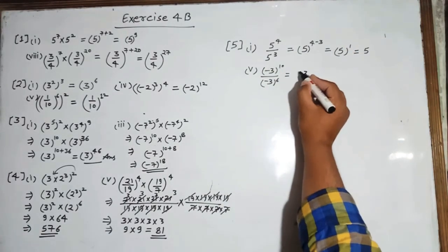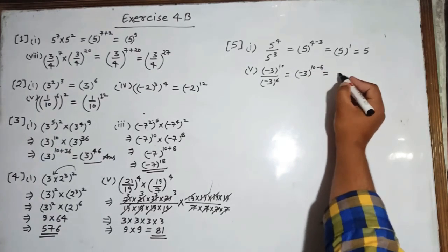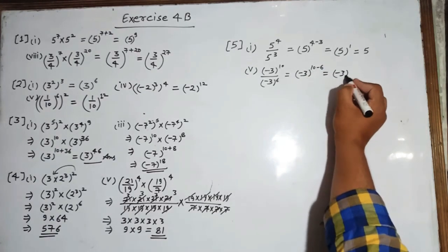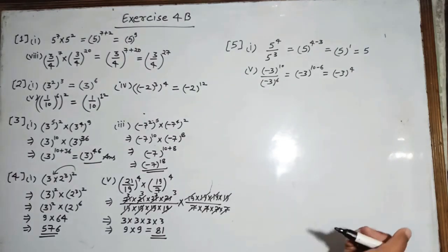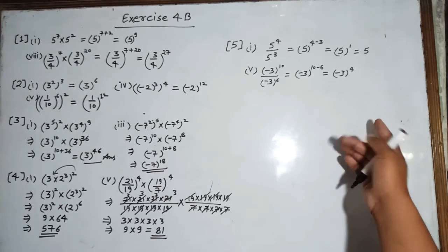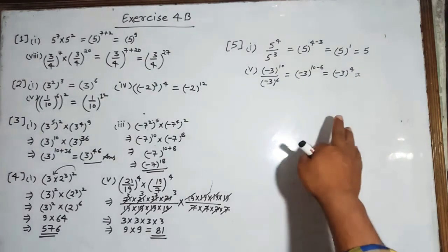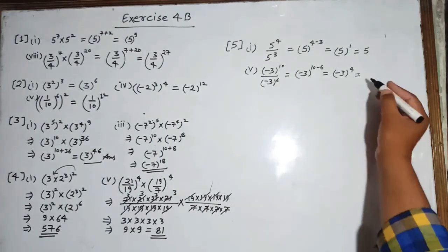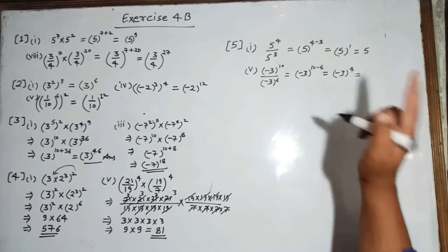So we write the same base and subtract the powers, 10 minus 6, which is 4. (Minus 3) to the power 4 will be our answer. Or we have to simplify, so we will find the final value here. A negative number with an even power gives a positive value.